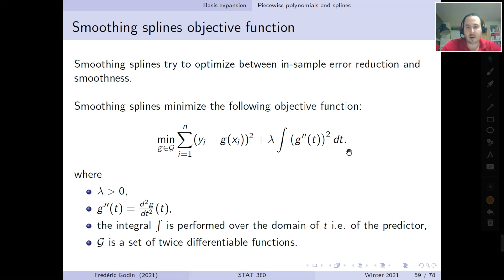In this original problem, we don't impose a piecewise cubic function. We just impose that we find any predictive function within the set G, where the set G is the set of all twice differentiable functions. So we don't say anything about the shape of the function more than it being twice differentiable.